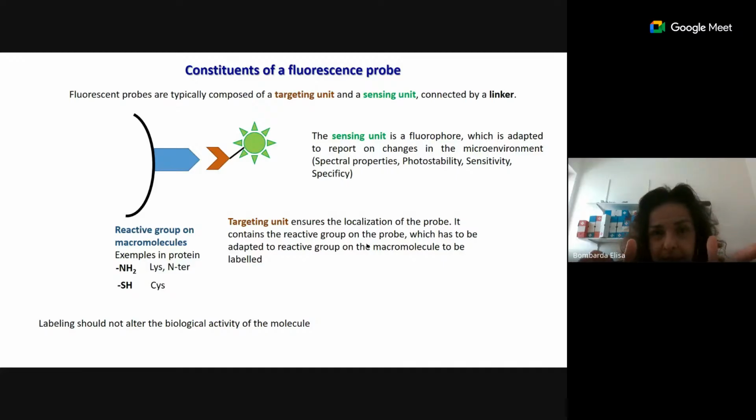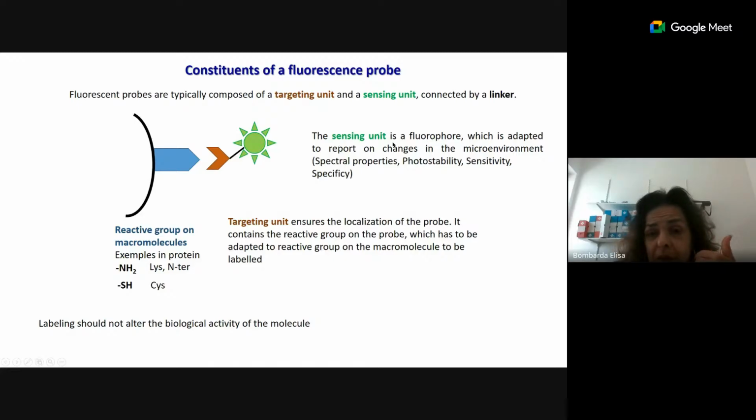Because the basic constituents of a fluorescence probe are three, actually two, and the third one depends on the molecule that you want to label with your fluorescence probe. So practically, a fluorescence probe is composed of a targeting unit and a sensing unit connected by a linker.